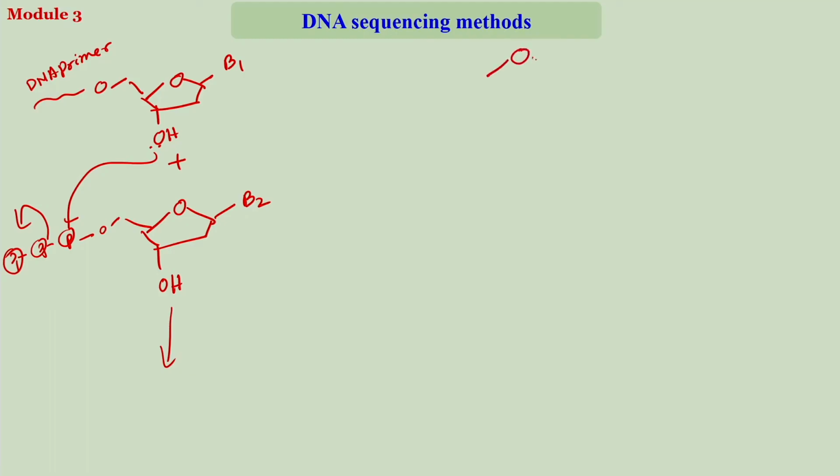Now, once you use the di-deoxy, what could happen? DNA primer, OH, and here instead of the dNTP, you have the ddNTP.